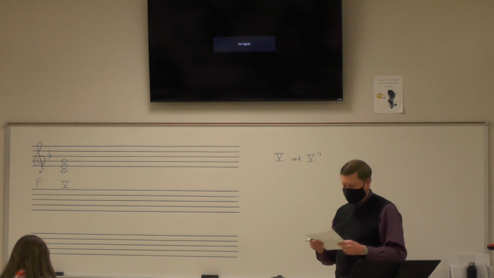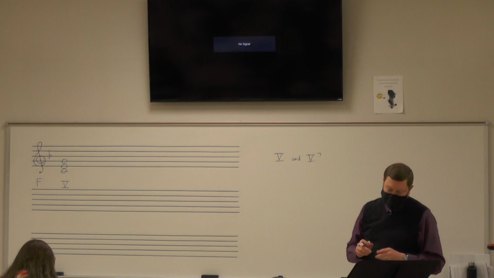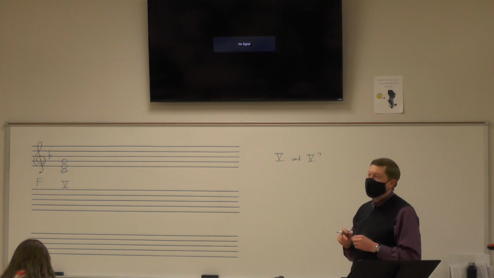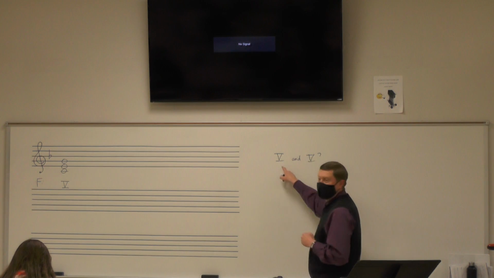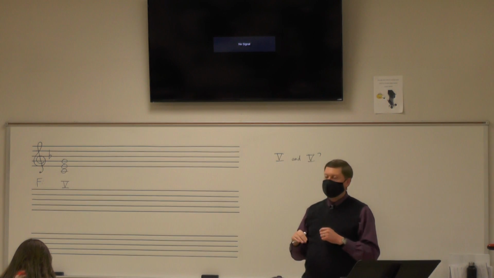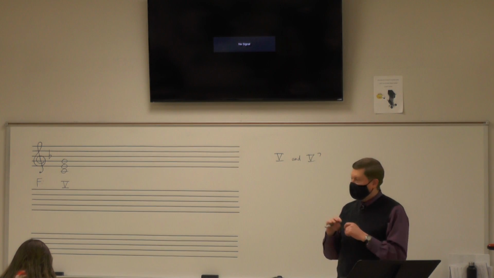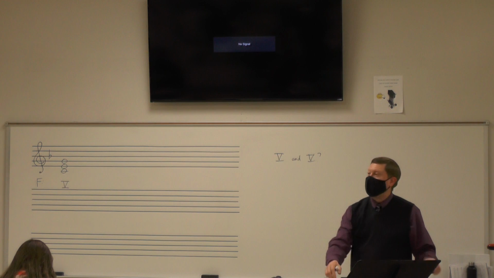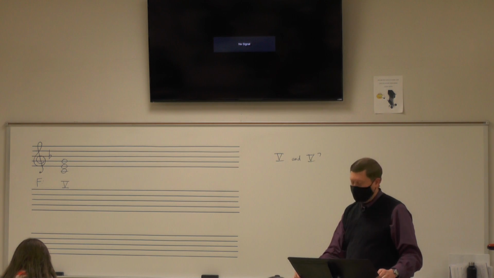Romantic composers were fond of chromatically raising or lowering the 5th of these chords. Not the root, not the 3rd, not the 7th. They're going to tamper with the 5th of the chord.